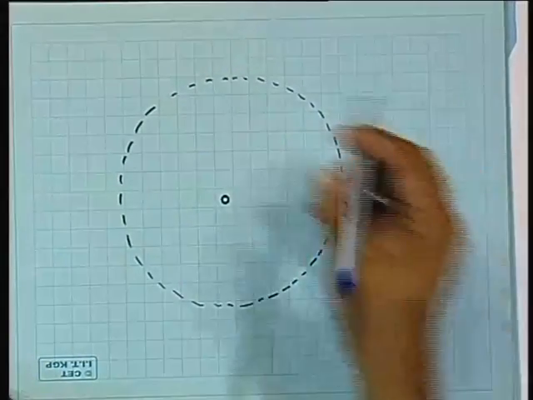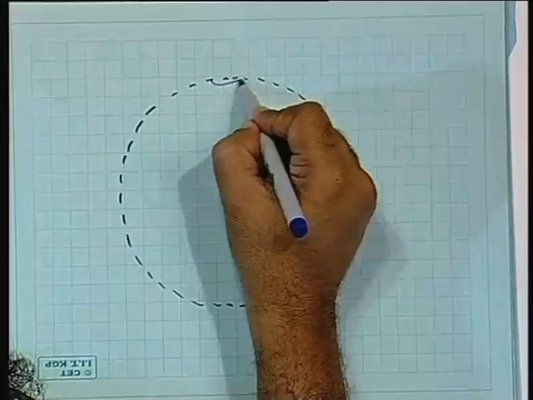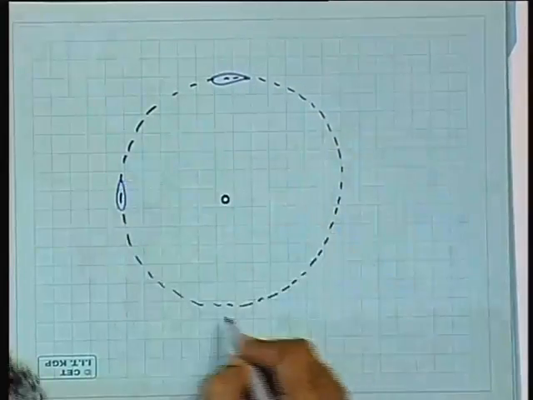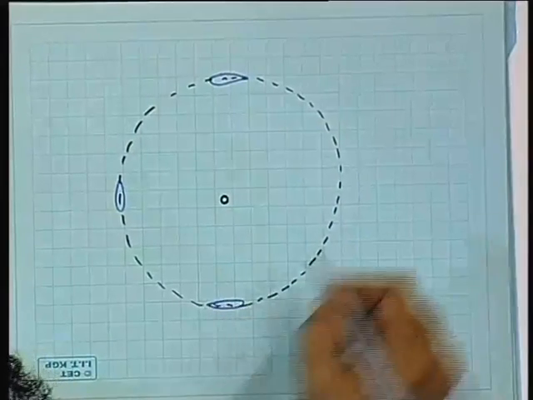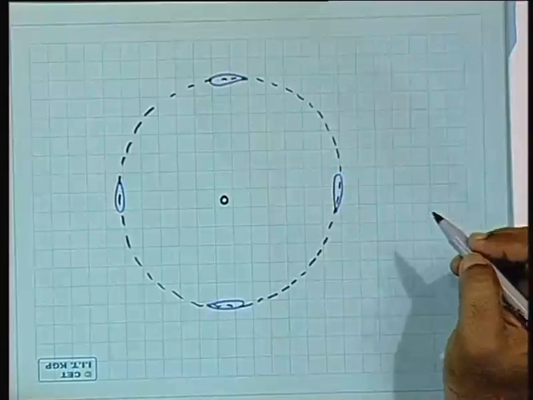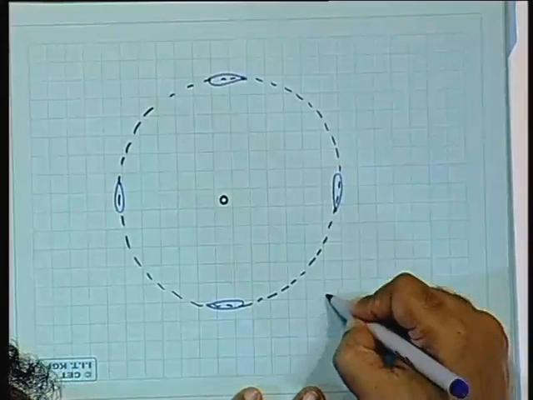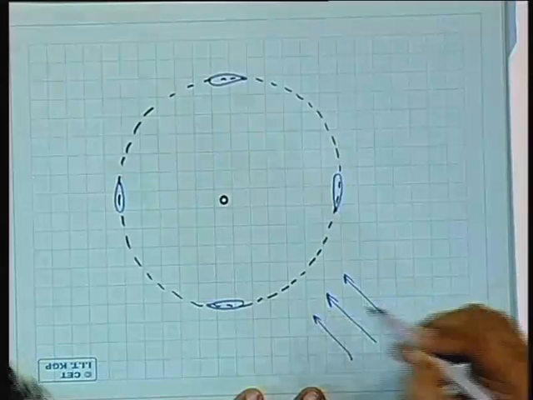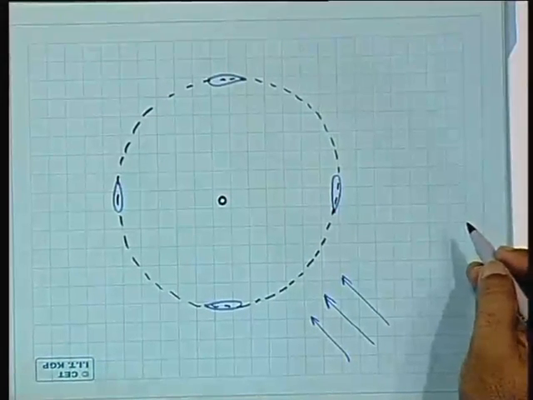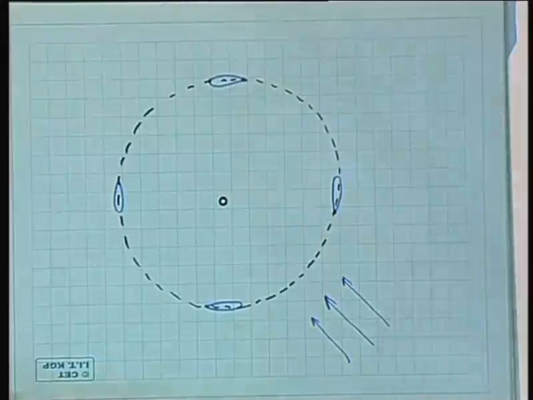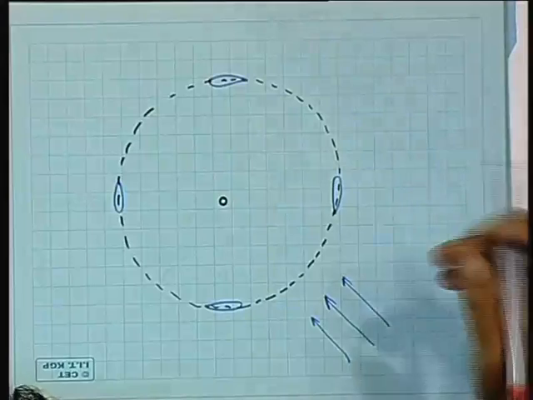So at every point we will draw the airfoil structure. Okay, and imagine that the wind is coming from this direction.